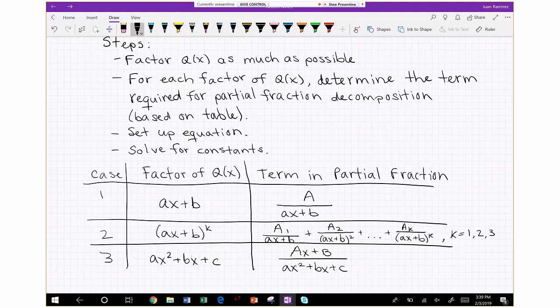Now, you should differentiate the capital A and the lowercase a, and the capital B and lowercase b, those are different. The lowercase values you're getting from that actual factor, those will be known. The capital A and capital B are constants that we're going to solve for. Okay, so this is the table we're going to use. Let's start by doing a few examples.